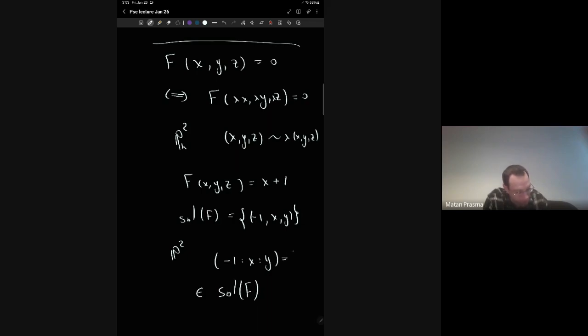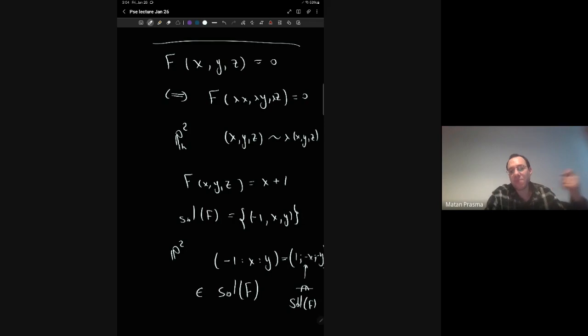This point is simply equal to (1, -x, -y). And this point is not in the solution set. If I substitute it in the polynomial, it's not. So I have a paradox. I have two points that are equal, but if I substitute naively their coordinates into the polynomial, one time I get that it's 0, and another time I get it's non-zero.